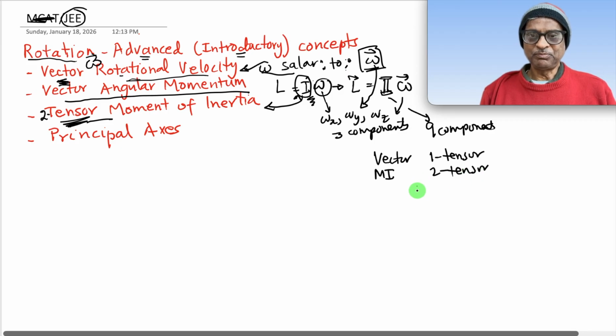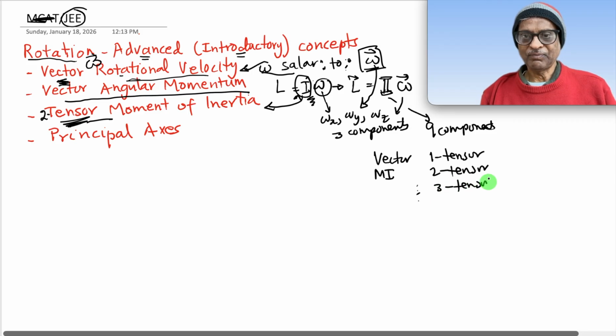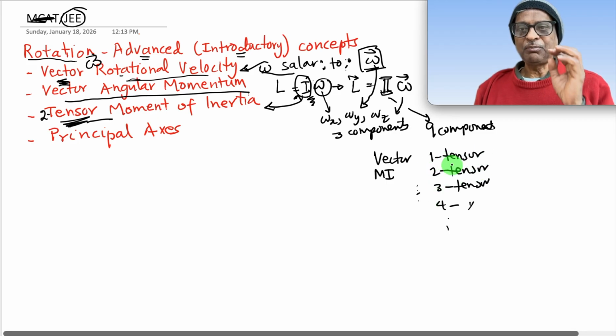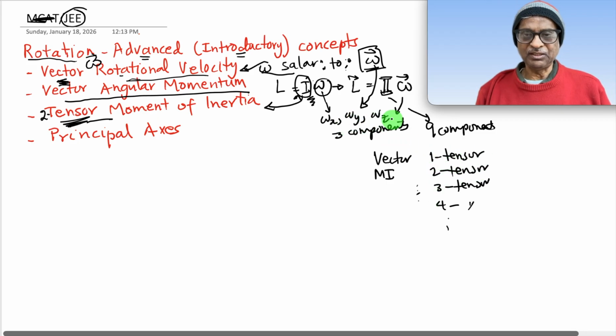And of course there are things which are more than this, that can be 3-tensor, 4-tensor. So what are these 1, 2, and 3? They say how many indices you need to specify it. Over here you need just one index.